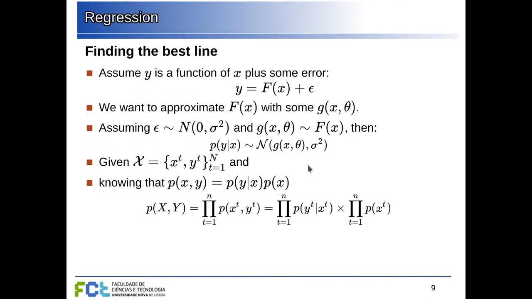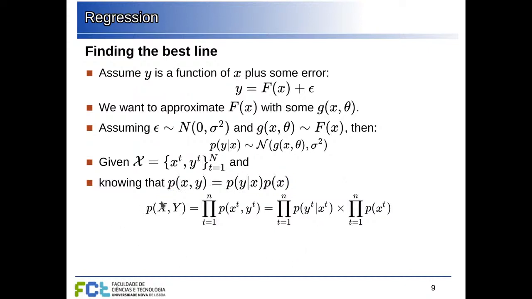But note that we have these theta values here that we can change, so different hypotheses will give different predictions, will give different probabilities. We also know that the joint probability of two variables can be decomposed as the probability of one if the other has this particular value multiplied by the probability of the other having that particular value. So this is a basic relation in probabilities.